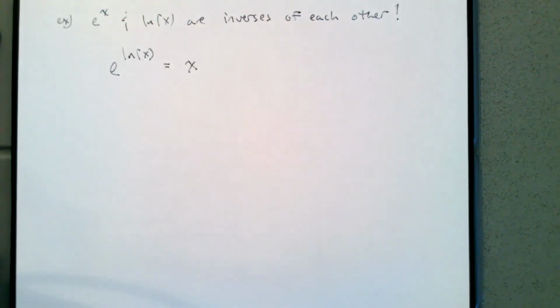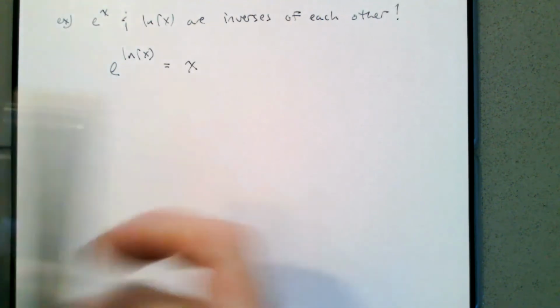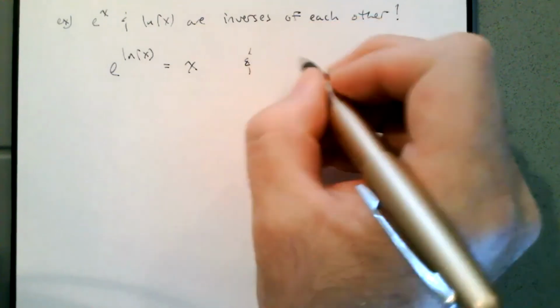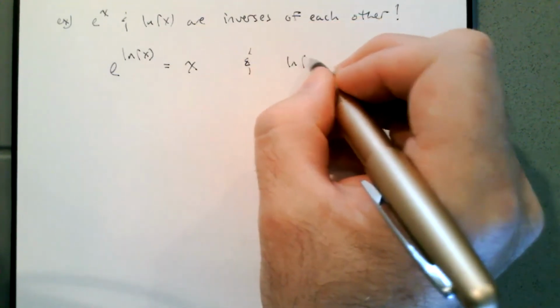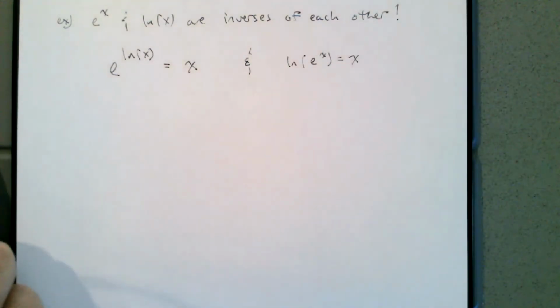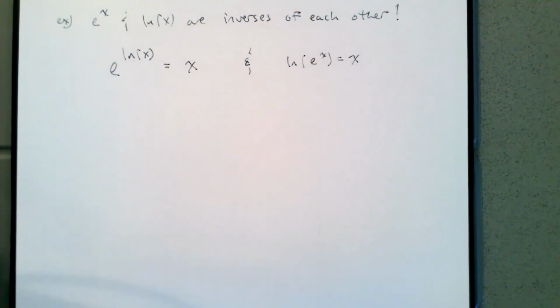It also means the natural log of e to the x is equal to x. That would make sense with the properties of logarithms. Natural log of e to the x is x times the natural log of e, and the natural log of e is equal to 1, because e is the base of the natural logarithm.